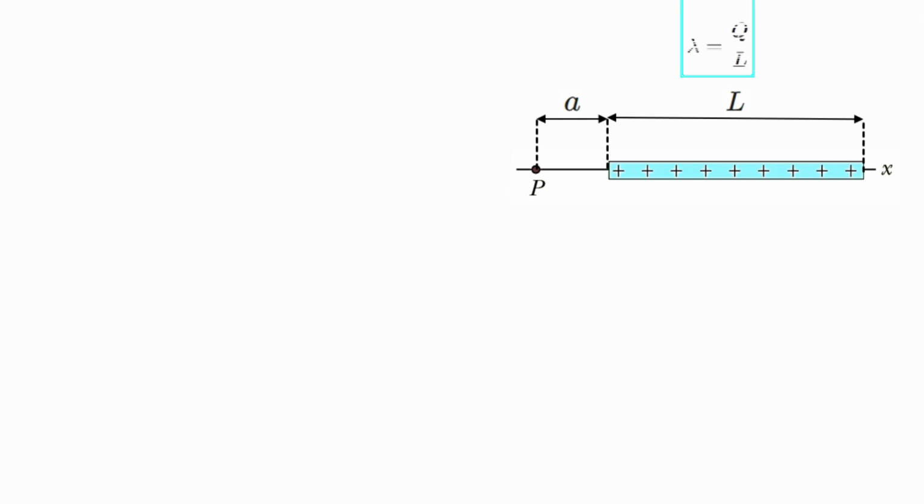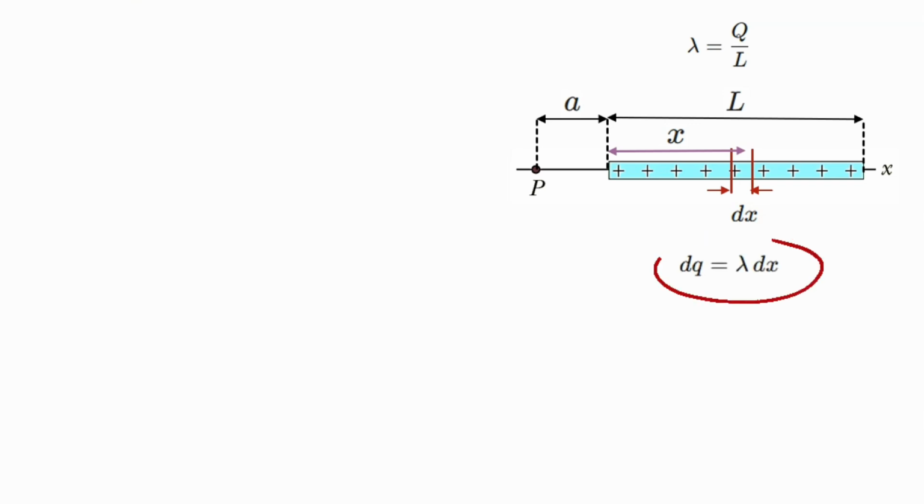Linear charge density is simply the charge per unit length, and it is given by lambda equals Q divided by L. Next, instead of considering the entire rod at once, we select a very small element of the rod with length dx. The charge contained in this tiny element is dq equals lambda times dx.